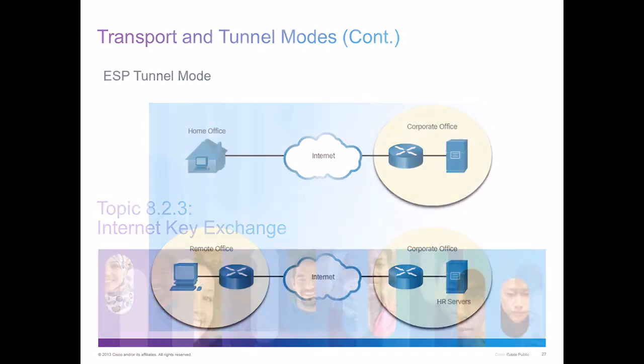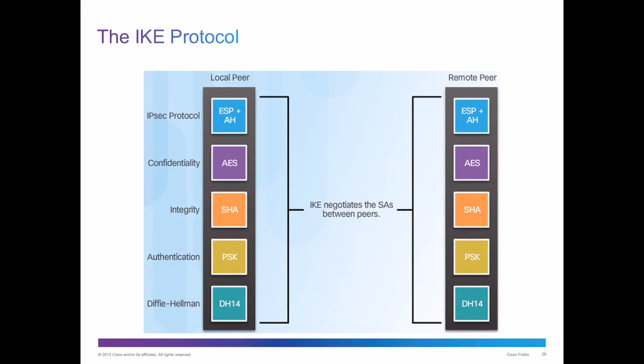Okay, now let's look at IKE, the Internet Key Exchange. You have a local peer and a remote peer. When you want to set up a VPN, the Internet Key Exchange has to exchange and pass information and keys to both peers to set up the VPN itself.